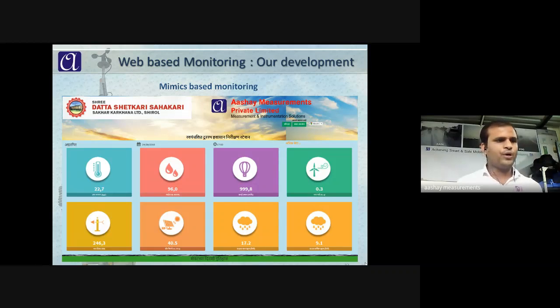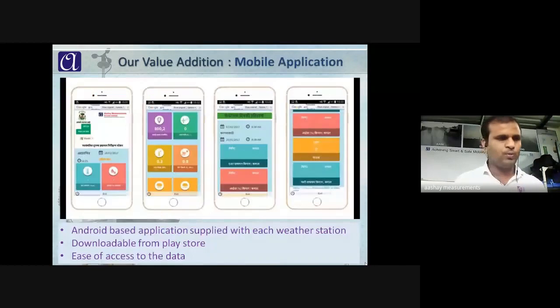Since those are uploaded on the FTP server, they can be monitored from anywhere. And further, you can generate reports whenever you want, like daily, monthly, or yearly reports. You can generate those reports in PDF as well as Excel format.